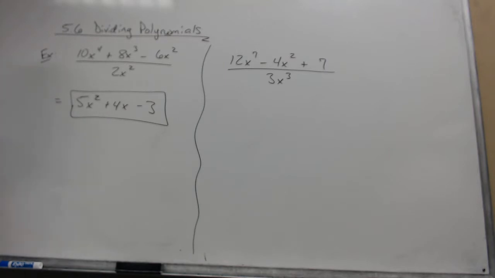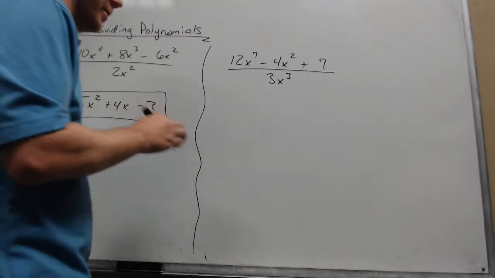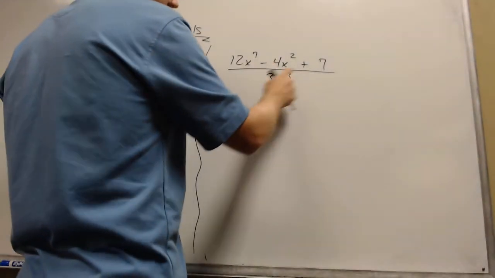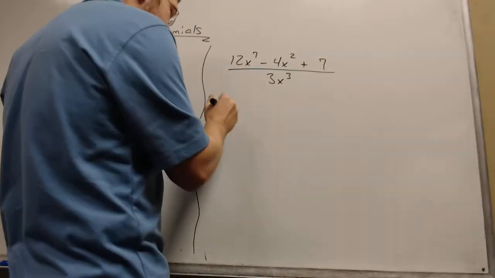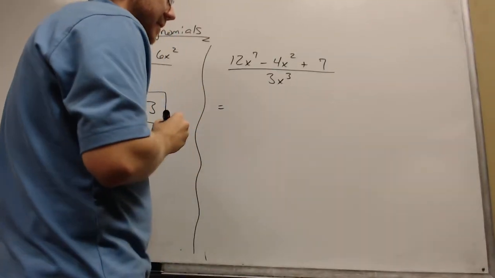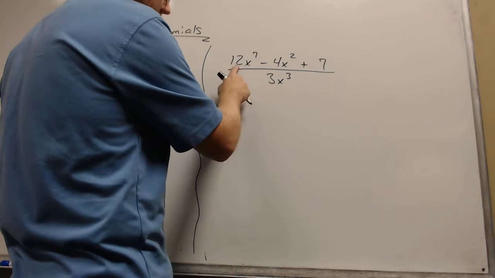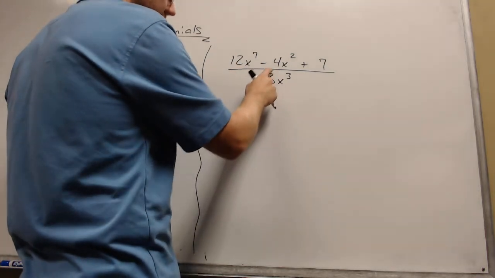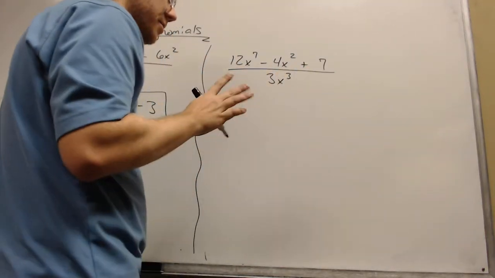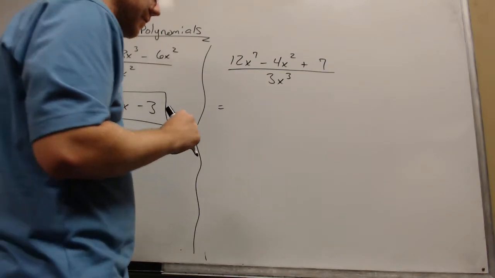Still a polynomial divided by a monomial, so we're trying to divide each and every piece. If we're going to do that, it doesn't have to divide evenly into all the pieces. The first 2 do, right? But these don't divide nicely, these don't divide nicely. That's okay, we can still write it in a simplified form.